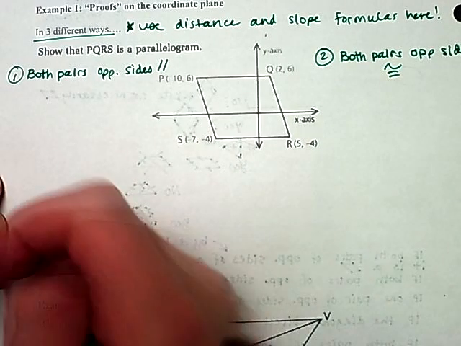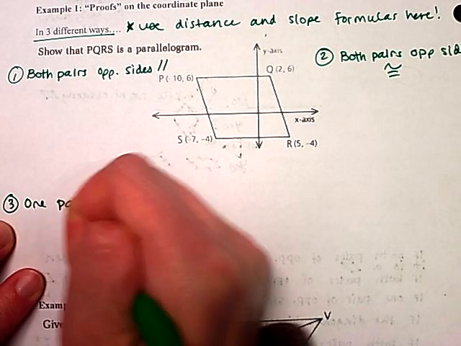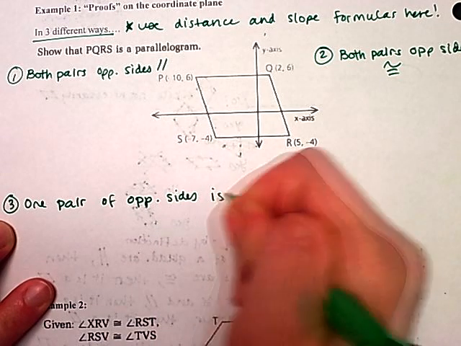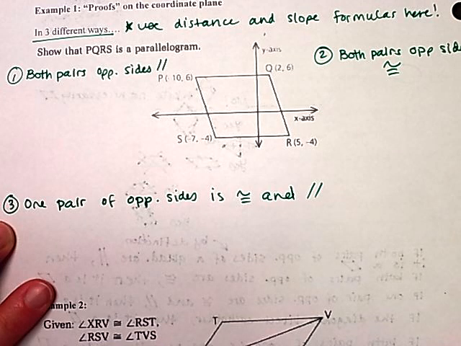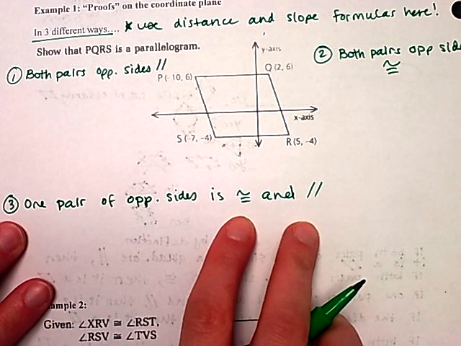And then the last way would be showing one pair of opposite sides is congruent and parallel, in which case I'd have to do both, distance formula and slope, but just for one pair of sides.